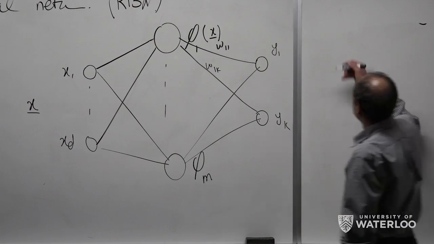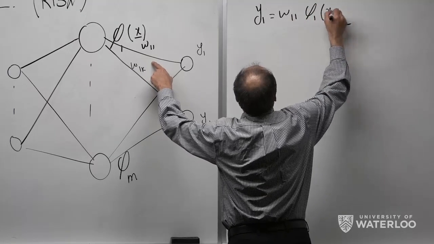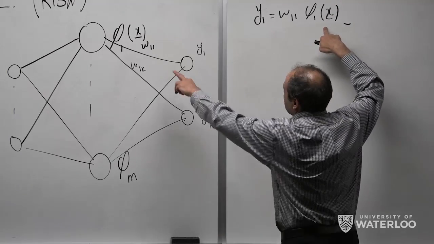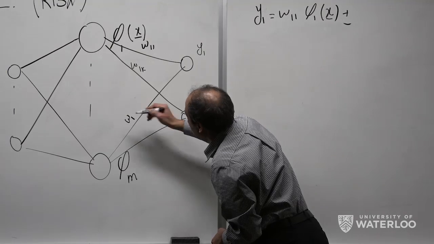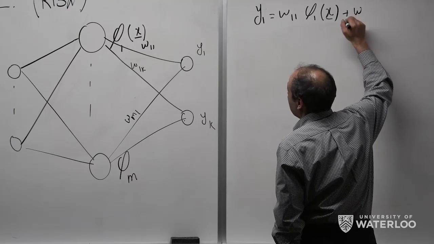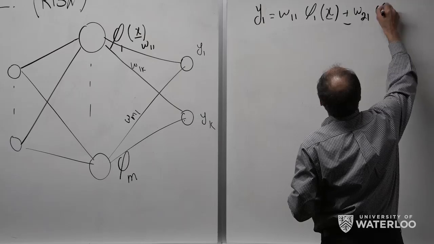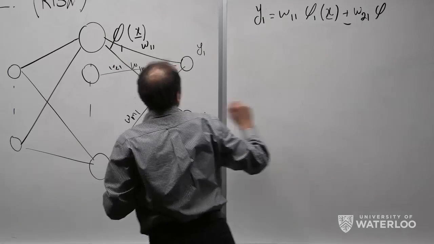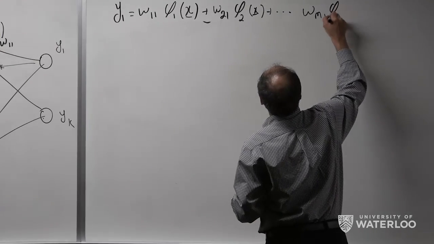The output of this network, say y1 for an input point x, is going to be w11 phi 1(x) plus w21 phi 2(x), up to wm1 phi m(x).